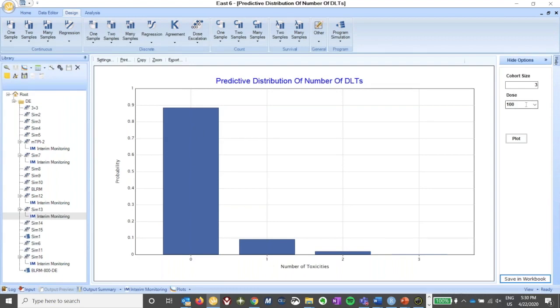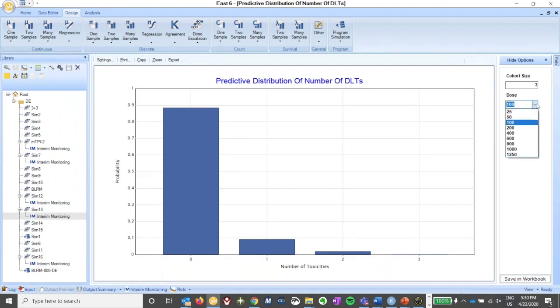So for the next dose level of 100 milligrams, you can see that you have close to a 90% chance that you're going to have no toxicities out of a cohort of size 3. You're going to have a less than 10% chance that you're going to have 1 toxicity out of 3, and probably less than 3% chance that you're going to have 2 toxicities out of 3. So the odds are pretty good.